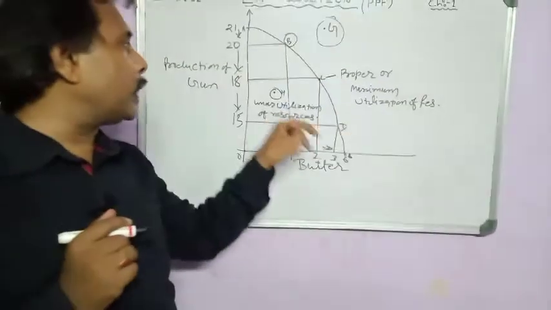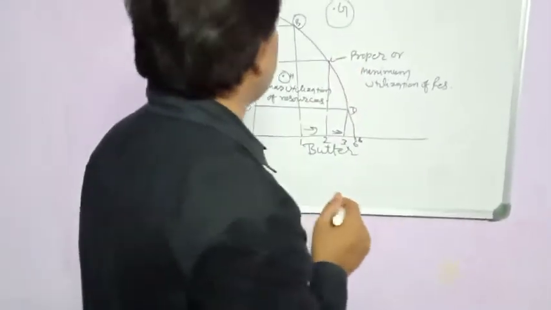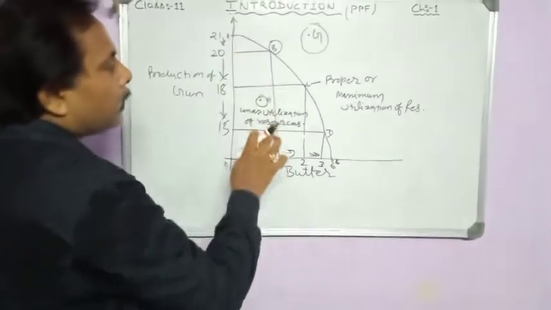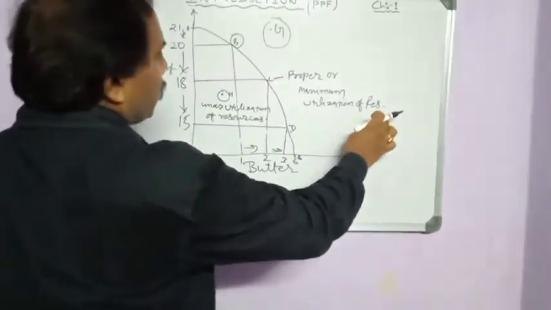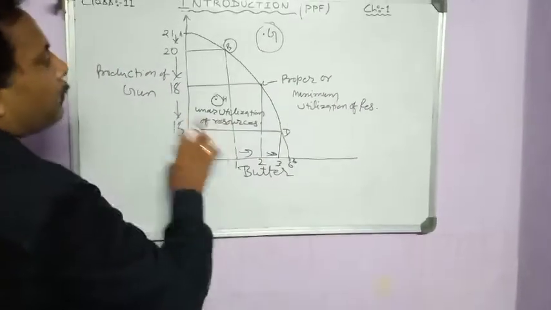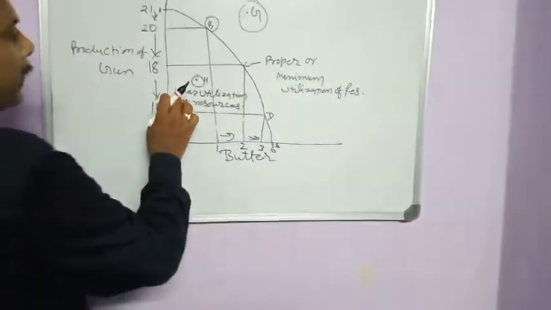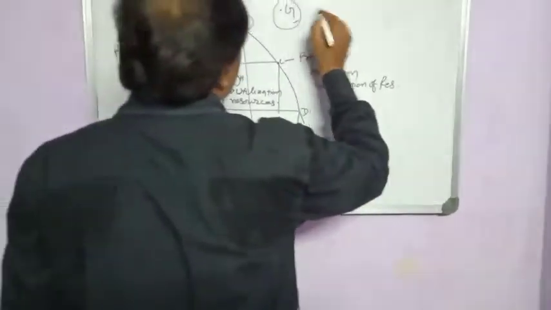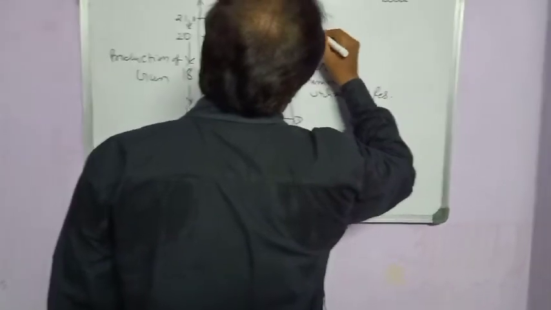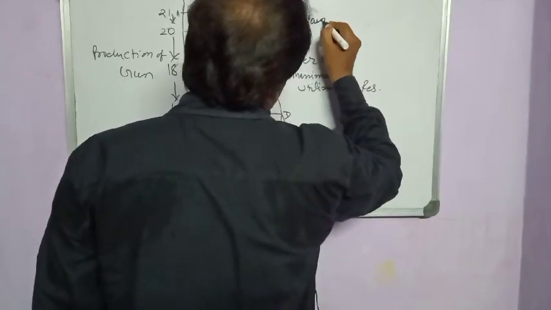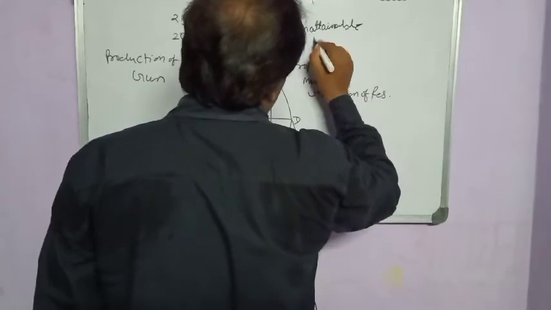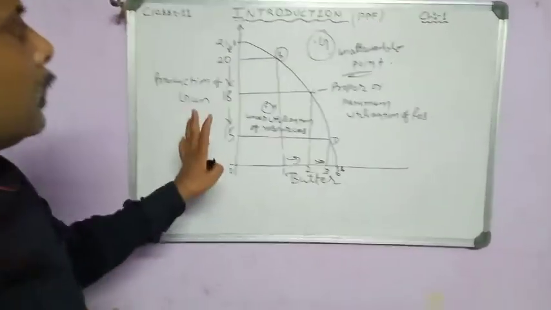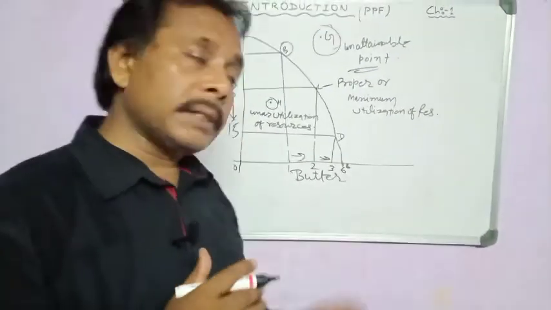So there are 3 points H, C, G. Any point which lies on the PPC is known as maximum utilization of resources. Any point which is inside the PPC indicates underutilization of resources, and any point beyond the PPC is known as an unattainable point. Is it clear? So in this video we have learned all these things.